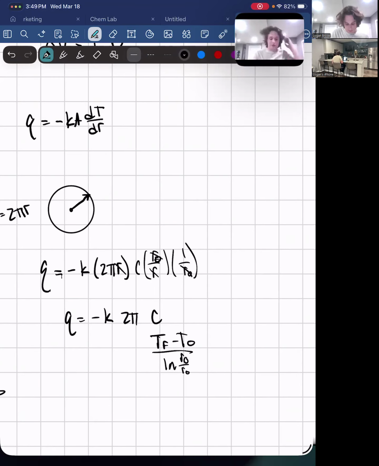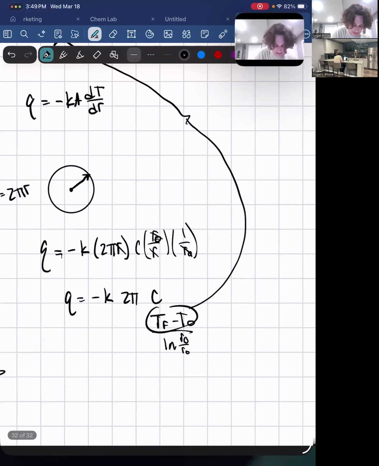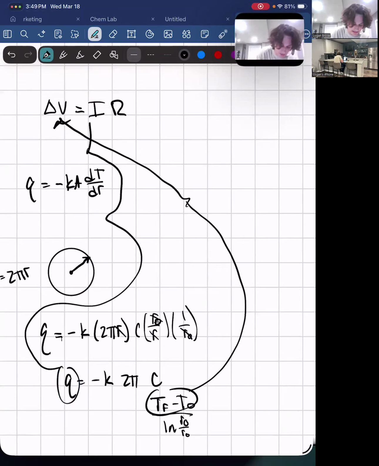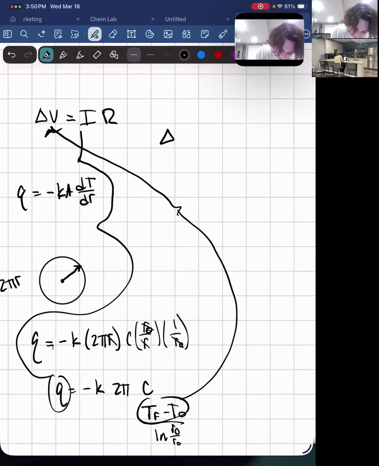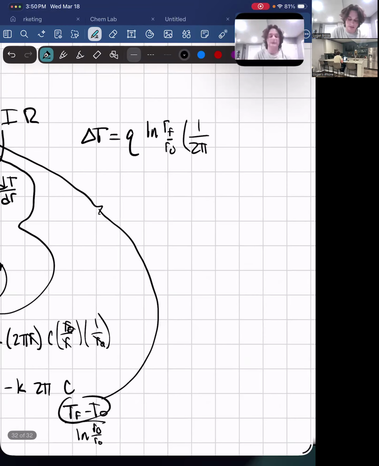Well, we relate this. This is what we're looking at, right? So our change relates to our delta V, right? So when we look at this, we know that our Q from before is our current. So what does that leave us with? We rearrange, we get delta T equals Q times ln R final over R initial times 1 over 2 pi k.